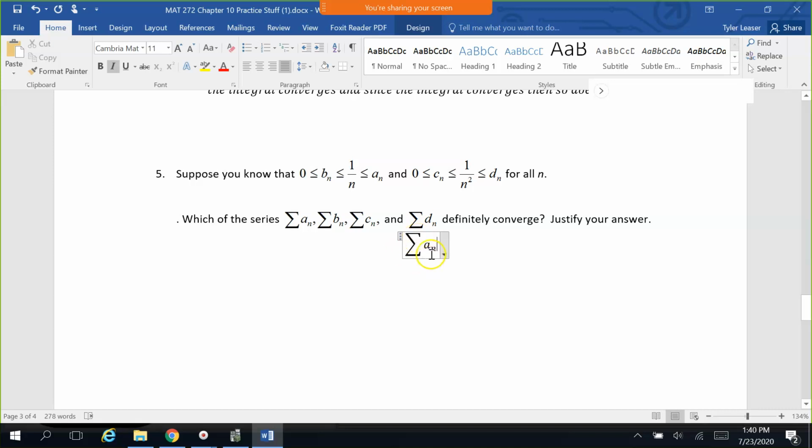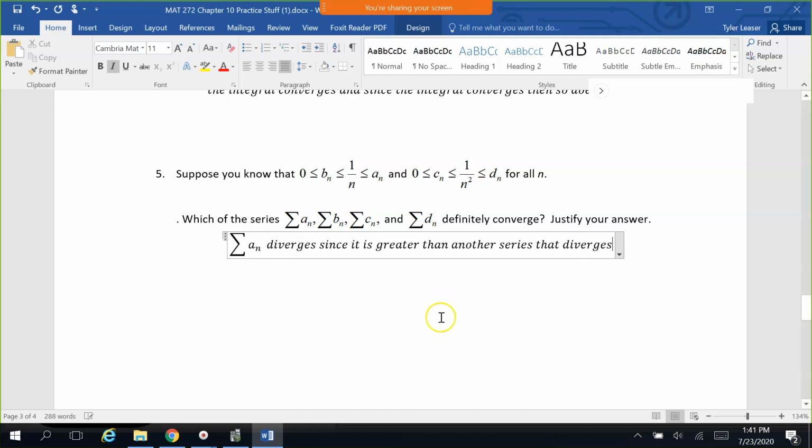For the series A sub n, this thing is definitely going to diverge since it is greater than another series that diverges. Right? 1 over n is the harmonic series, which we know diverges. A sub n is always bigger than something that diverges, therefore it is also going to diverge.